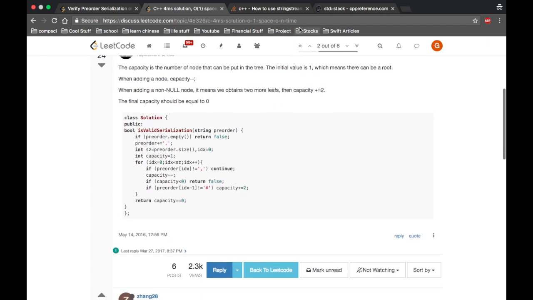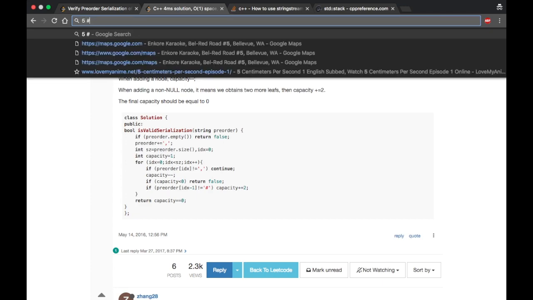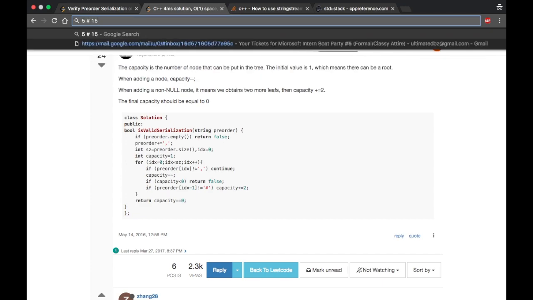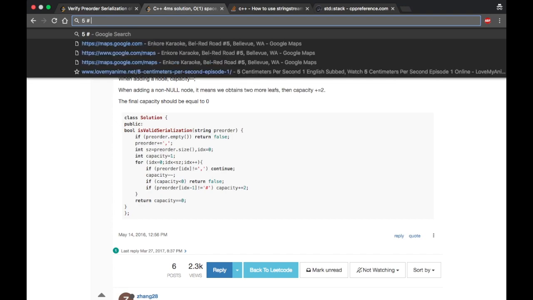If you look over here on the top, let's say it's 5 hash 15. At 5 the capacity would be 2, and then the hash would be minus 1, so now capacity is 1, and then at 15, or let's say it's a hash, then capacity would be 0, and you're good.